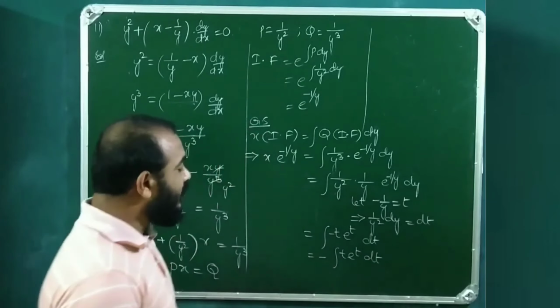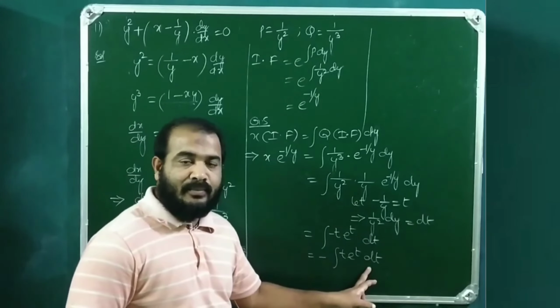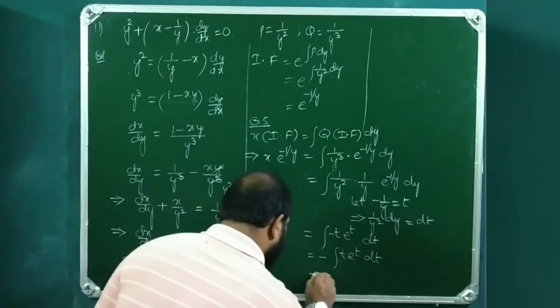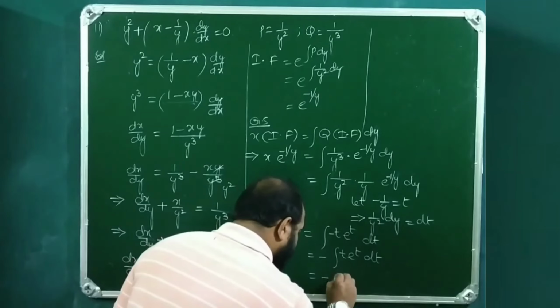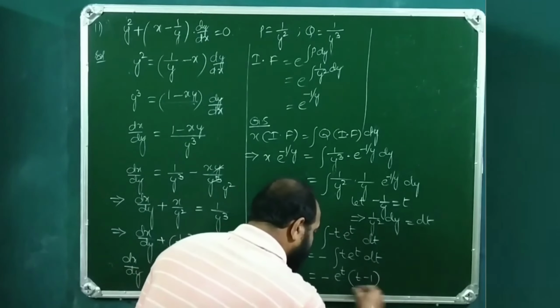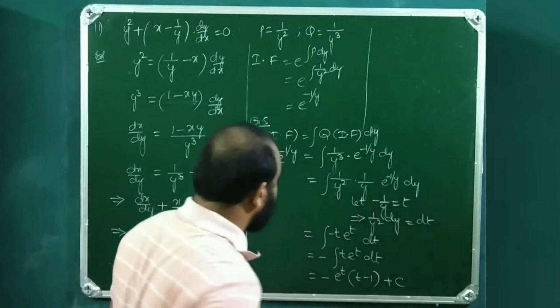We know that integral x e power x dx is e power x into x minus 1. Therefore here, minus e power t into t minus 1 plus constant of integration c.